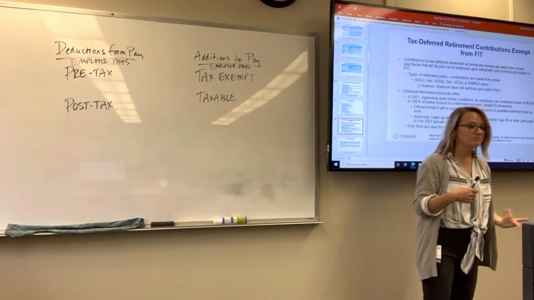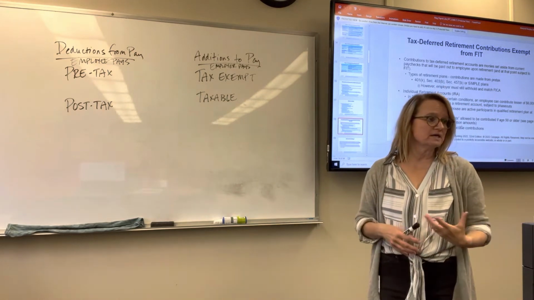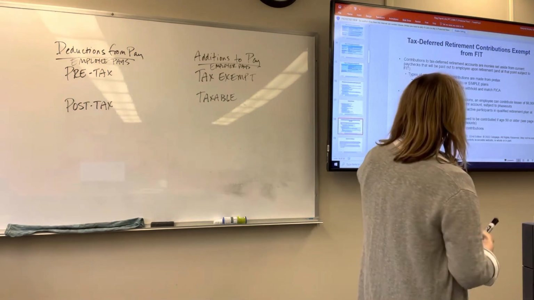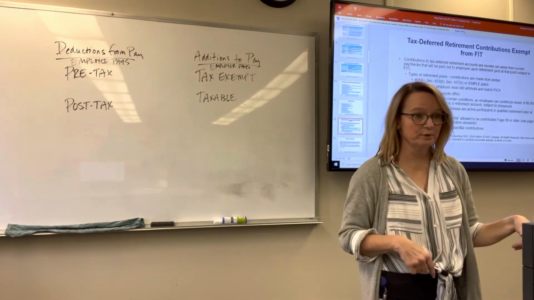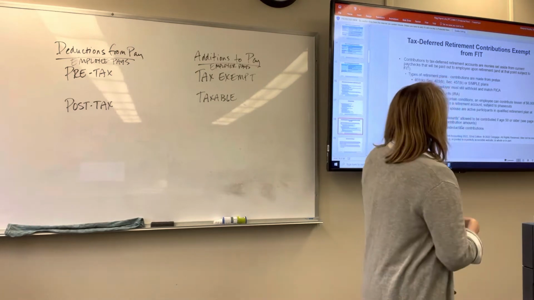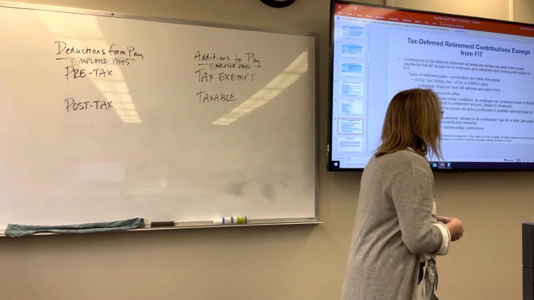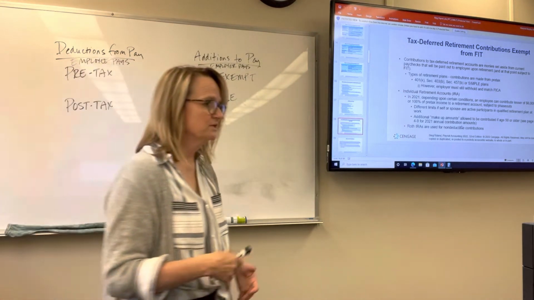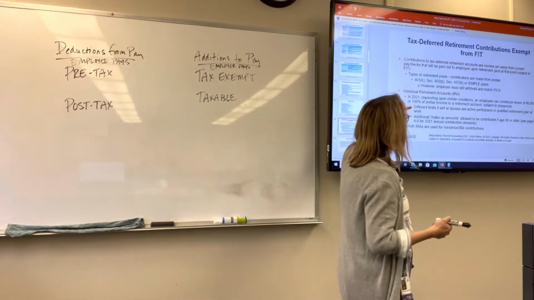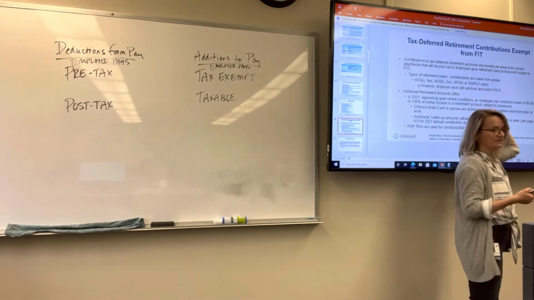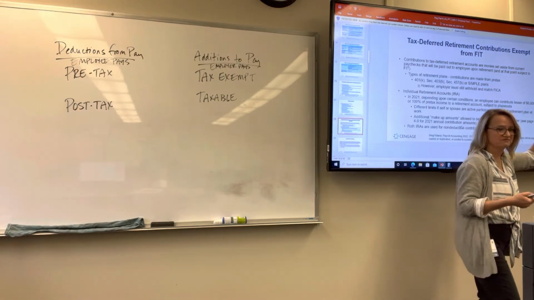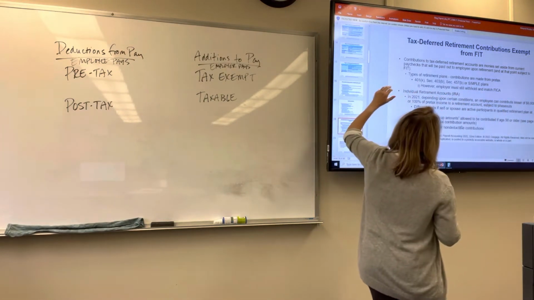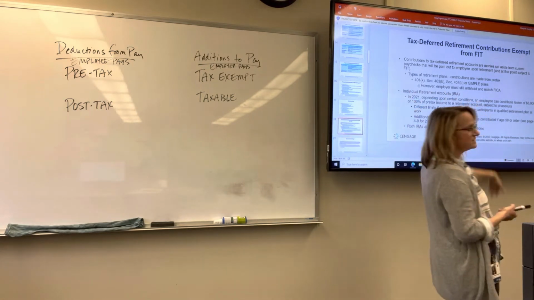403b, same thing as a 401k, same concept, but the 403bs are used by public employers. 457b, same type of concept, but they're used by nonprofit employers. They're called this because this is the section of the tax code that describes them, that defines what they are. There are what's called simple plans.